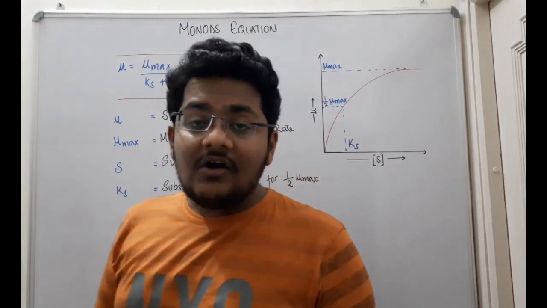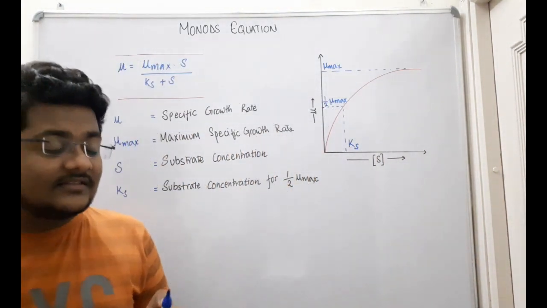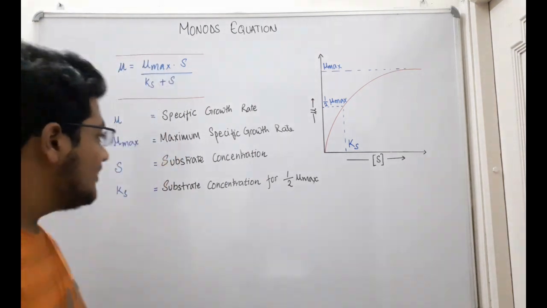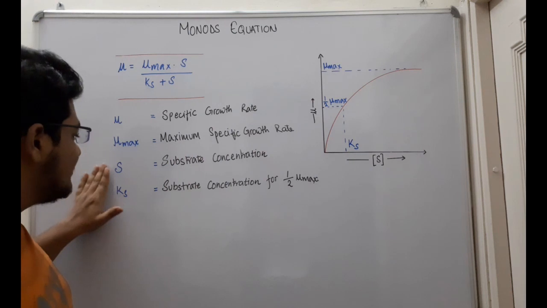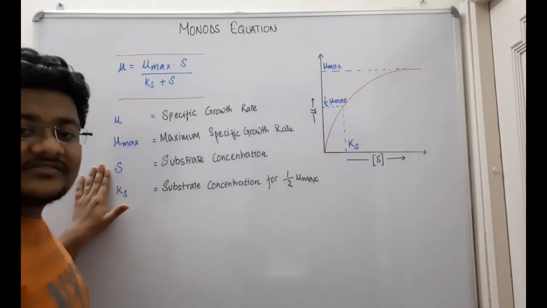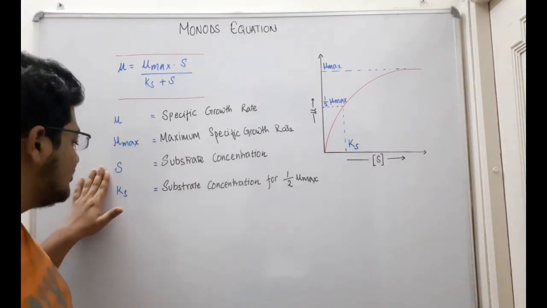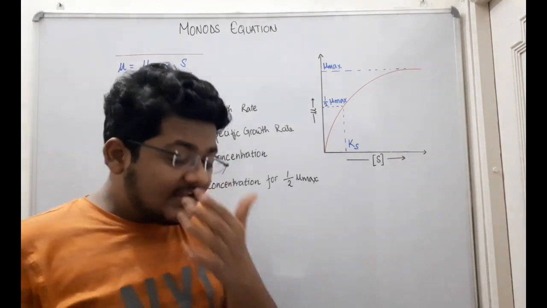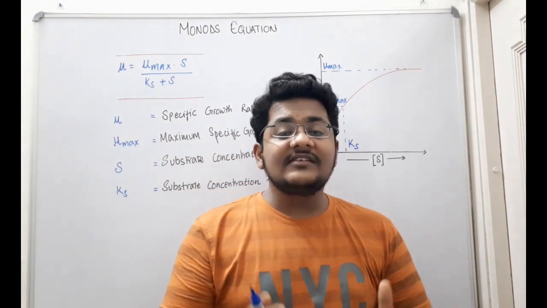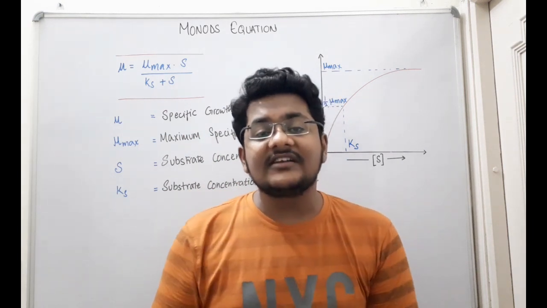Now comes Ks, a very important parameter. We have discussed that mu is specific growth rate, mu max is maximum specific growth rate, and S is the substrate concentration at which mu is the specific growth rate. And what is Ks? Ks is the substrate concentration at which half of the maximum specific growth rate is achieved.